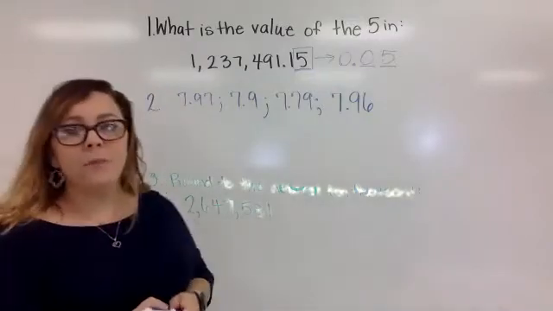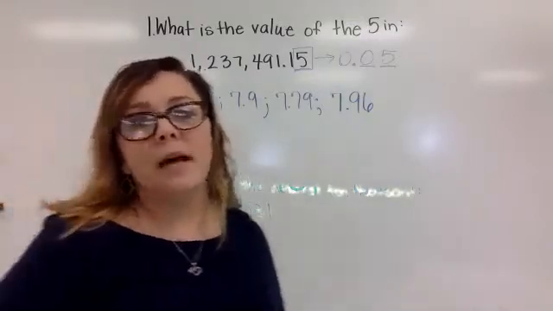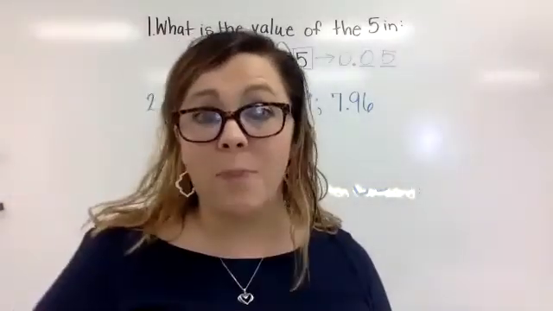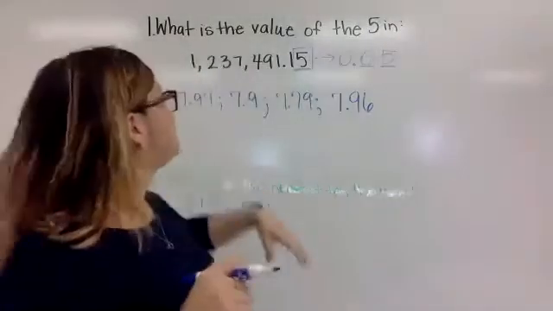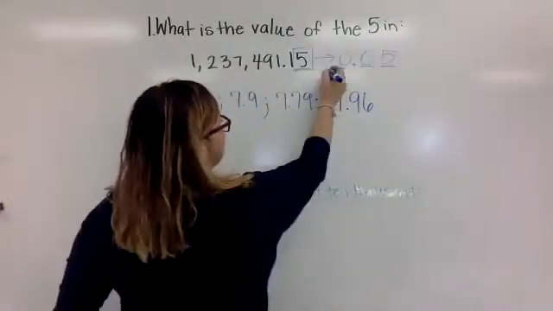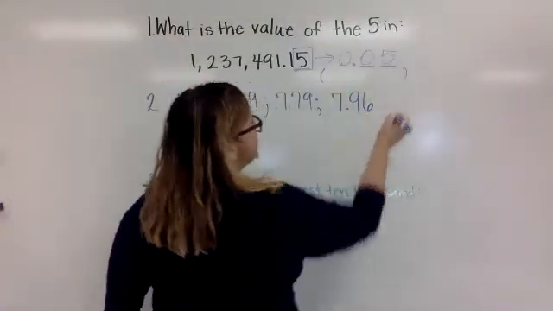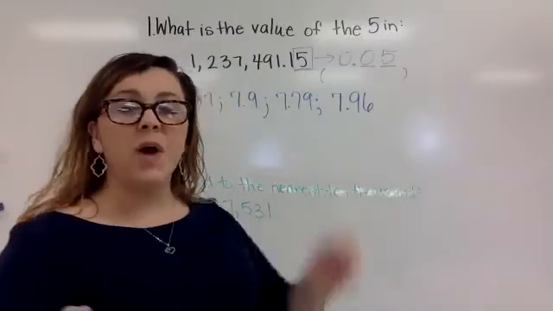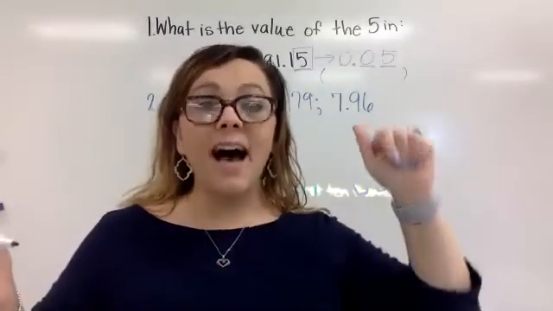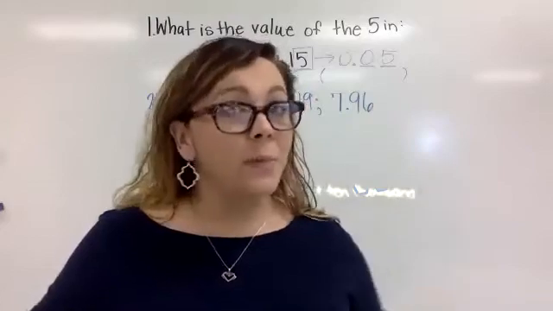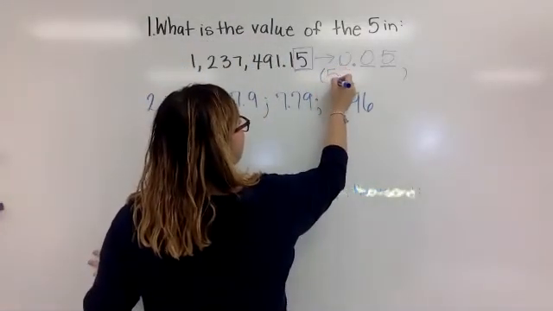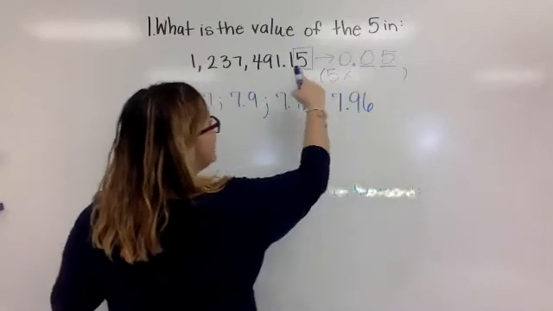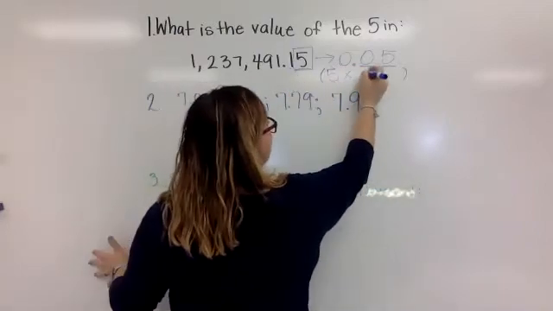Now, how else can we write that number? Remember, sometimes we see the values written in expanded form. So let's expand that number out here. So we would put parentheses. And remember, when we talk about the value, we do the digit times the value of the place it is in. So the digit is a 5 times, it's in the hundredths place.